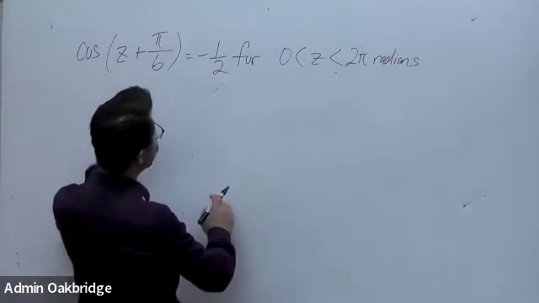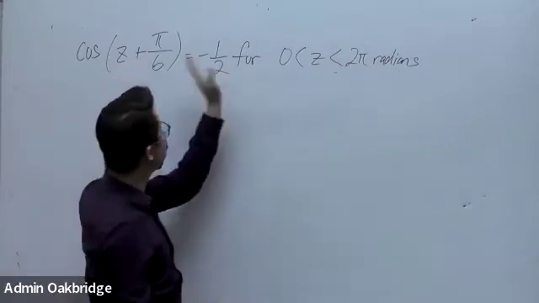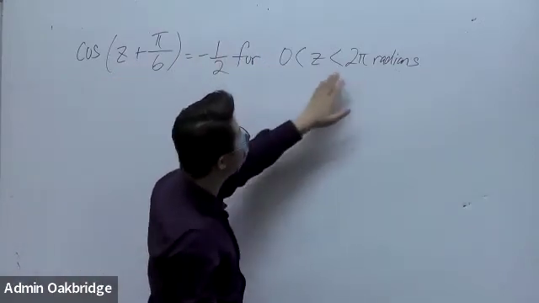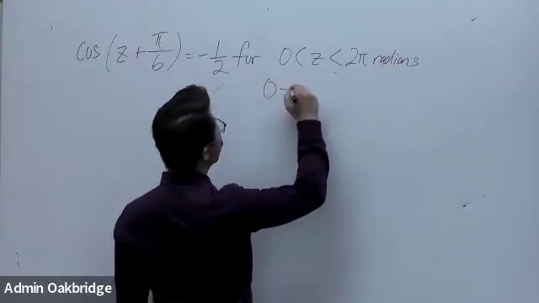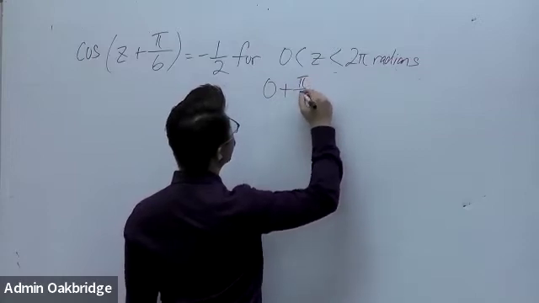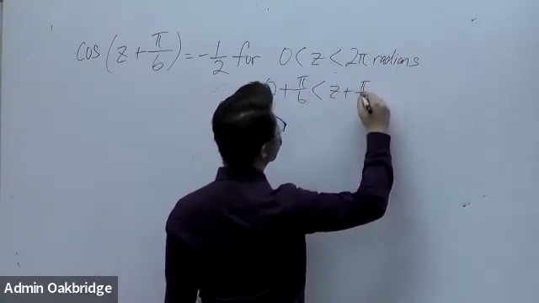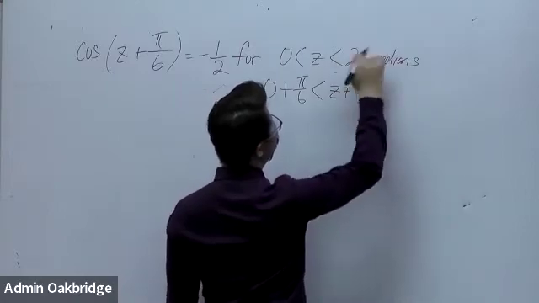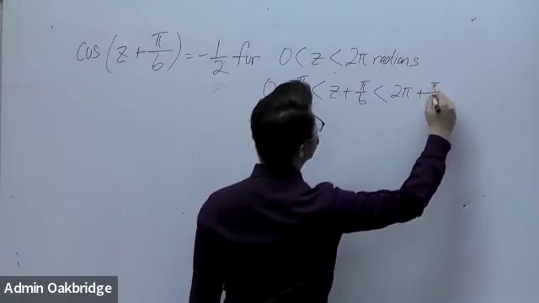So the way to do it is, look at it, it's plus pi over 6, right? So you just need to add pi over 6 for each side here. So the left side here, 0 plus pi over 6, the middle one, x plus pi over 6, and the right one, 2 pi plus pi over 6.